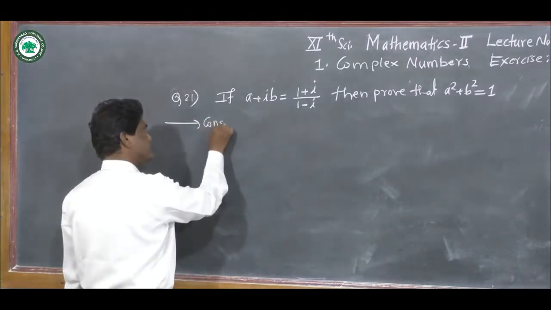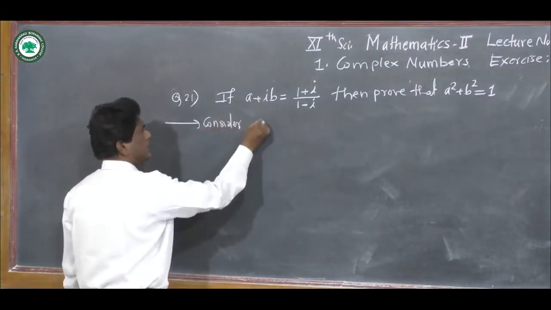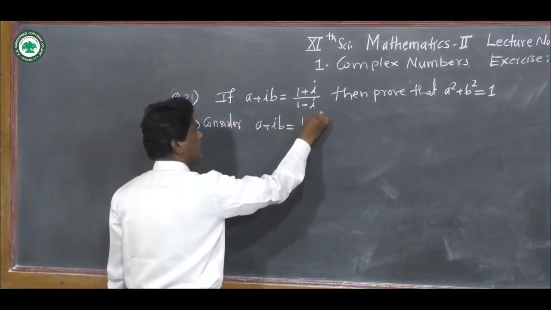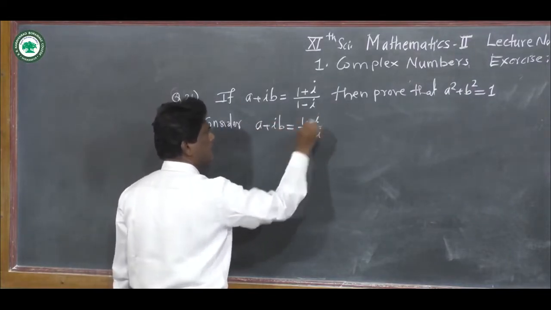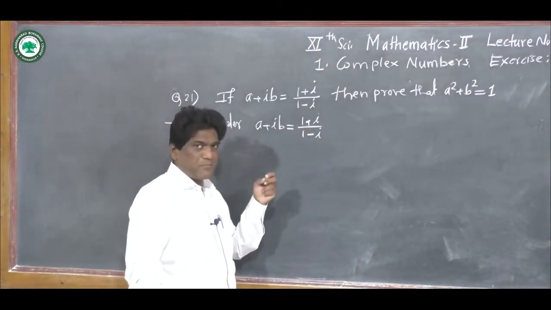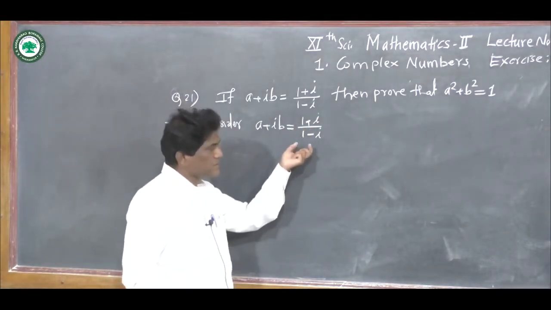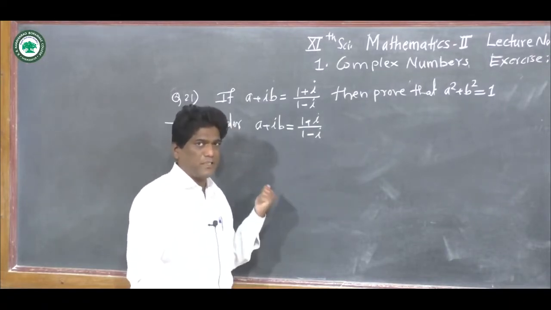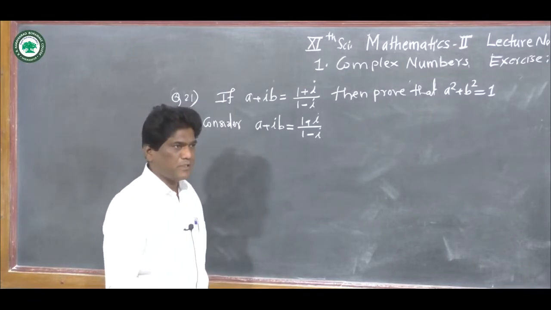So consider a plus ib is equal to 1 plus i divided by 1 minus i. Now here it is the division of two complex numbers, and we know that when there is a complex number in the denominator, we take its conjugate and multiply to numerator and denominator.